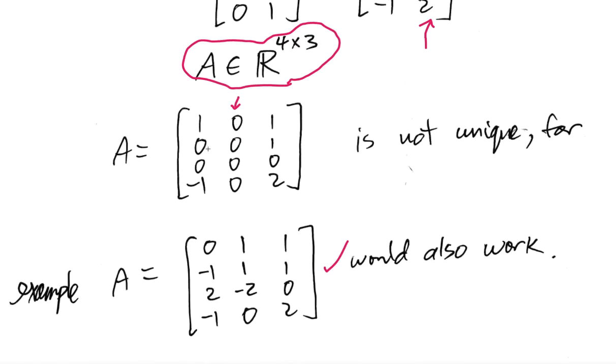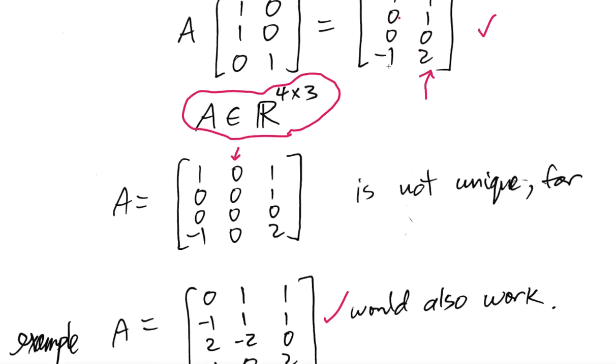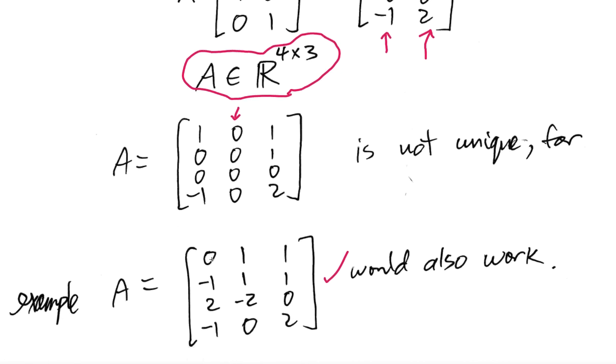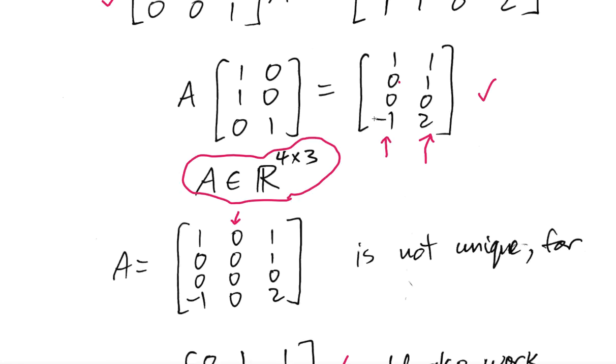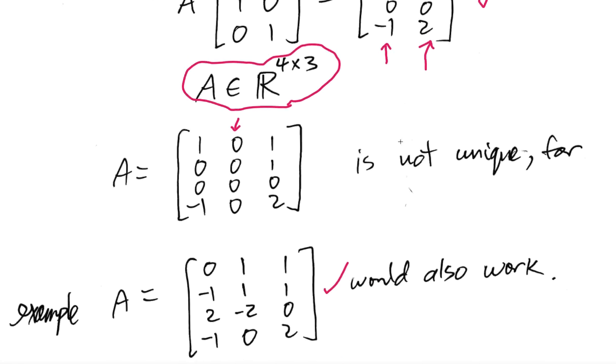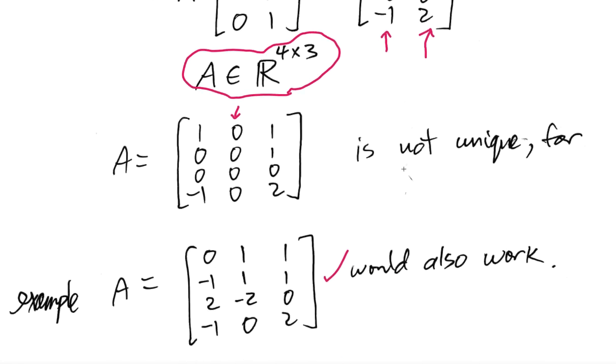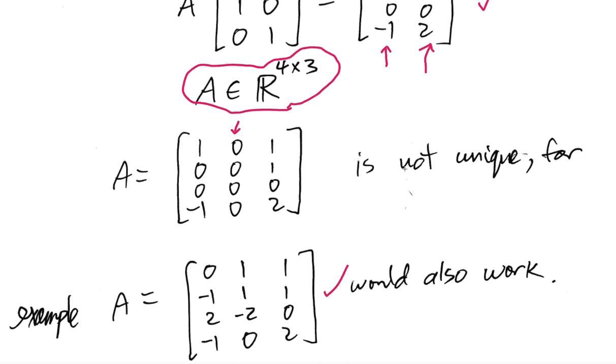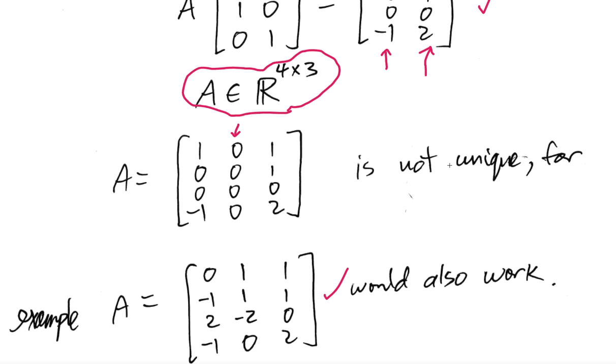Notice that the sum of these two columns is indeed that column right there. The sum of these two columns still gives you (1, 0, 0, -1), just like I want. So there are cases where the matrix would not be unique. I don't think your book made that point very well. Anyway, so there you go. I hope you understood that.